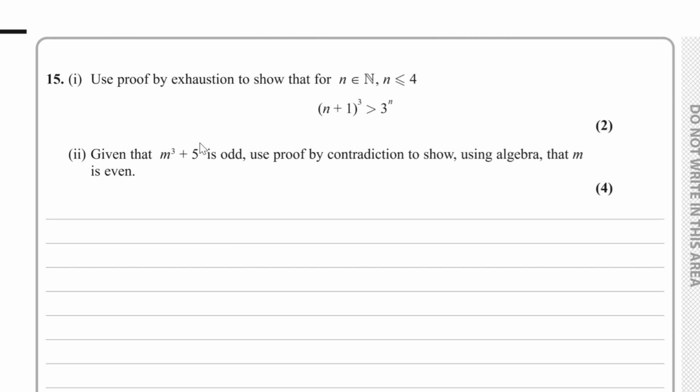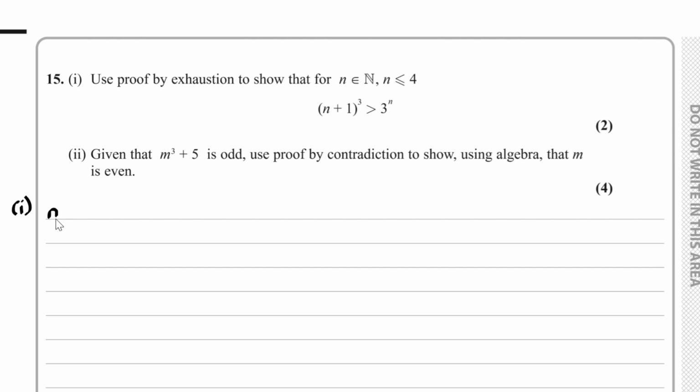Question number 15 for the first part. We have to use proof by exhaustion to show that for n belonging to a set of natural numbers where n is less than or equal to 4, n plus 1 all cubed is greater than 3 to the power of n.